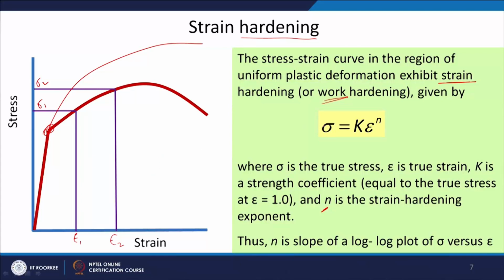So, if I take logarithm on both sides, the equation will become something like this. Your exponent will come here when we take the log. It is now the equation of a straight line with slope n, a y equals mx plus c kind of equation.